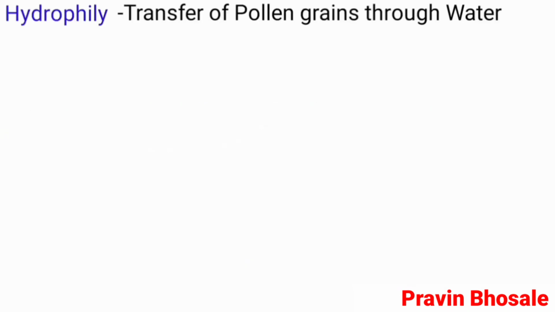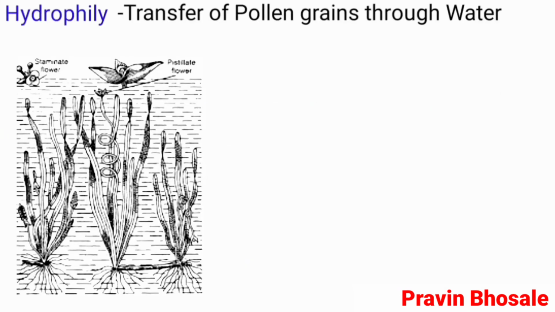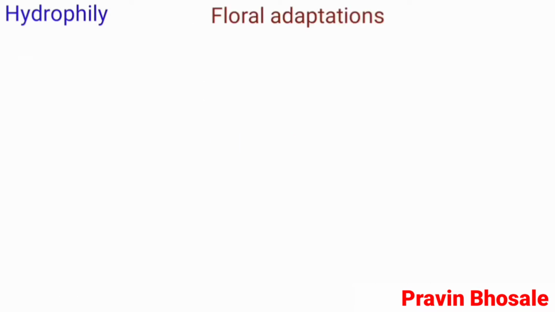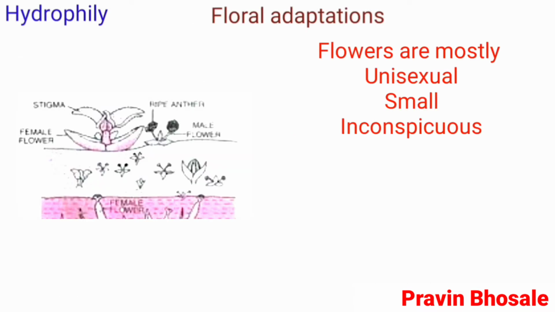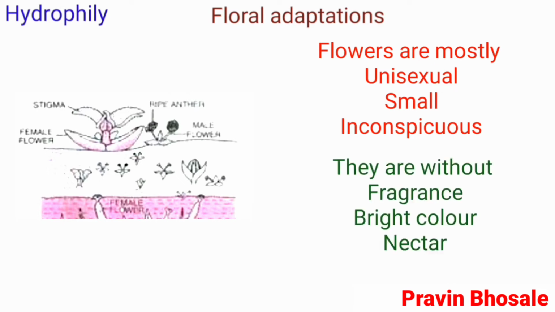Hydrophily is the transfer of pollen grains through the agency of water. The water pollinated plants are hydrophilous. Floral adaptations in hydrophilous plants: flowers are mostly unisexual, small and inconspicuous. They are without fragrance, bright color and nectar.